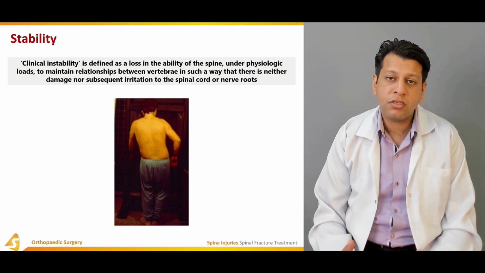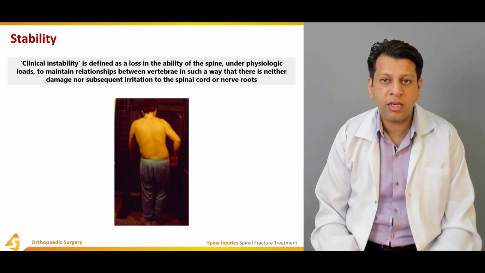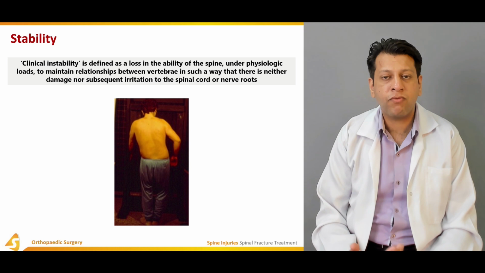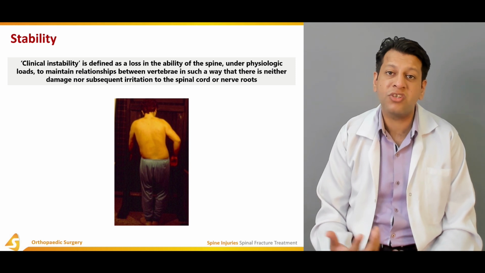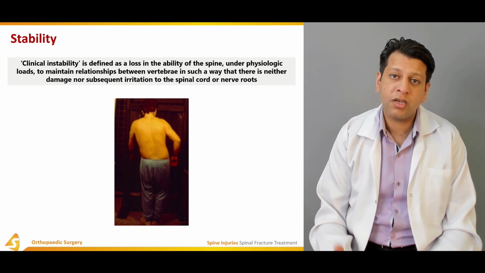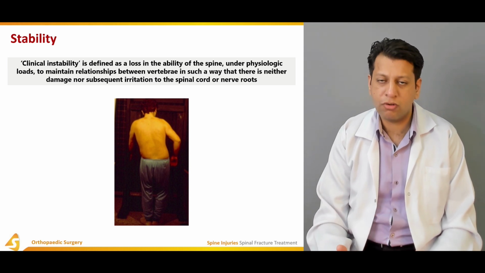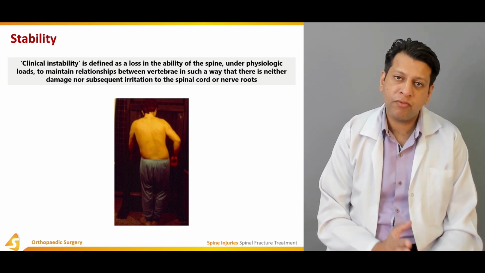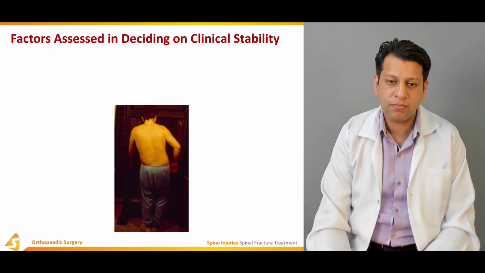What this actually means is that if the spine cannot maintain its normal alignment so that it can function under normal circumstances, this fracture pattern is unstable and needs to be fixed, because otherwise it will cause radiculopathy, myelopathy, or eventually complete neurological injury. So we have to prevent that before the unstable injuries lead to this kind of disaster.